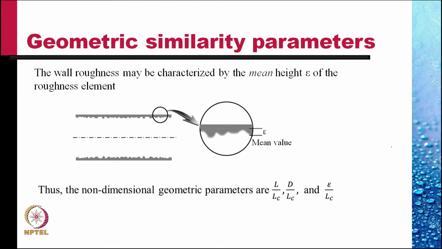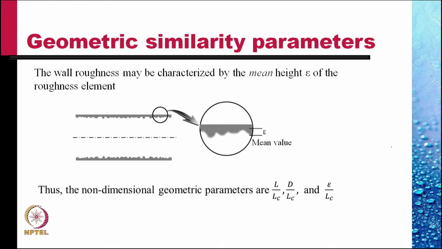And therefore, the non-dimensional geometric parameters are L by LC. LC is the characteristic length. L is the length of pipe. So L, D, and epsilon are the three geometric parameters. So we get three non-dimensional geometric parameters: L by LC, D by LC, and epsilon by LC.